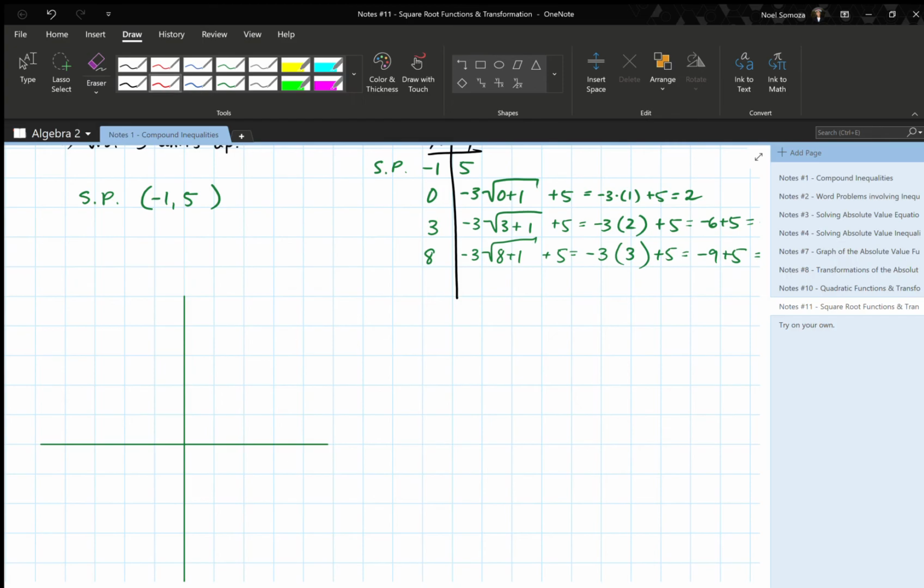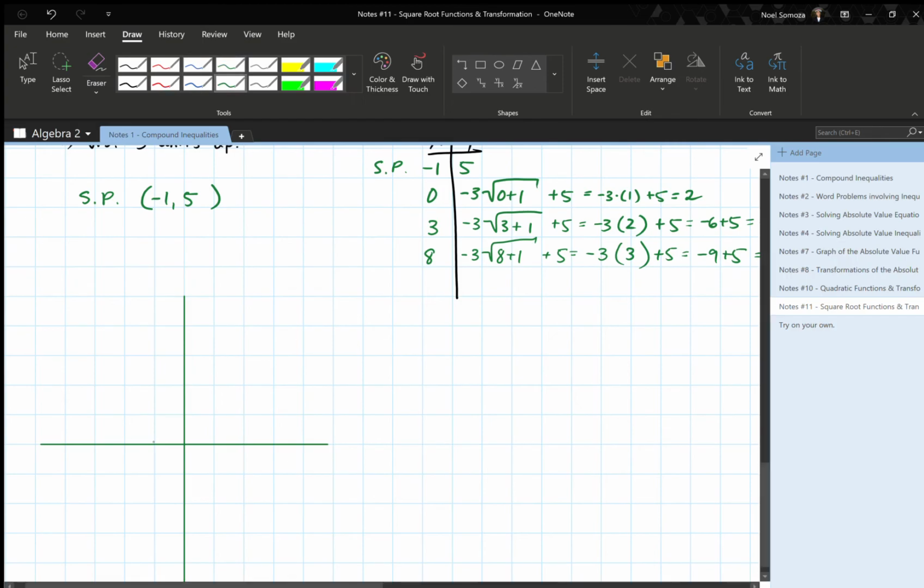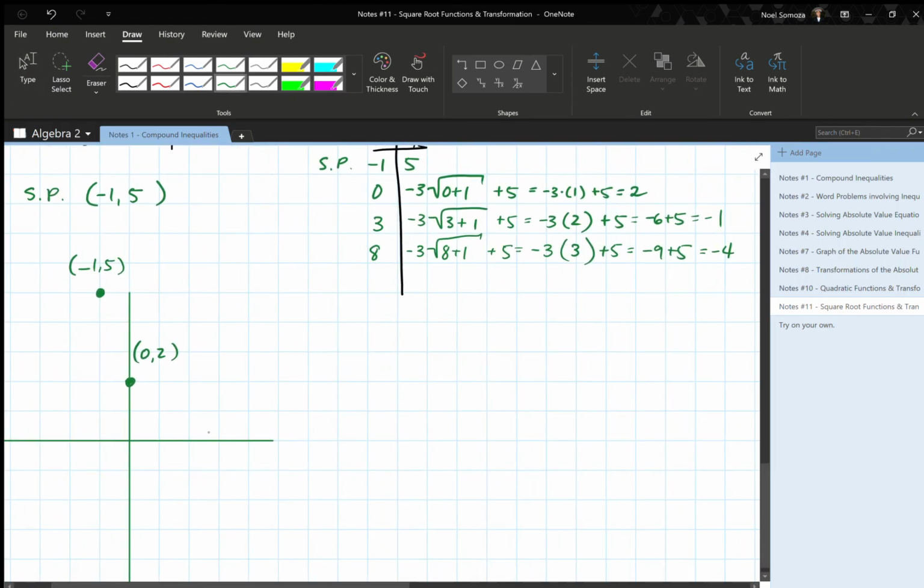All right, so starting point, negative 1, 5. It's up here. Then we have 0, 2. Then 3, negative 1.